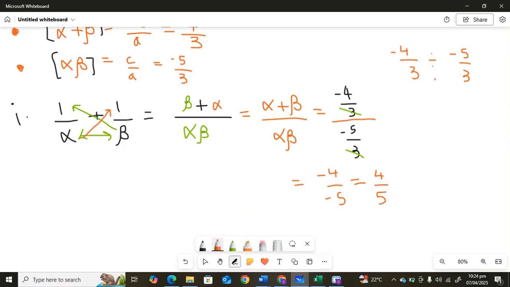Remember, when you're dividing fractions, the sign changes, it becomes multiplication. These threes cancel each other out. So you remain with negative 4 over 5, which is the same as 4 over 5. Any questions?